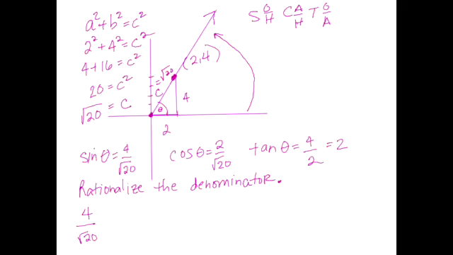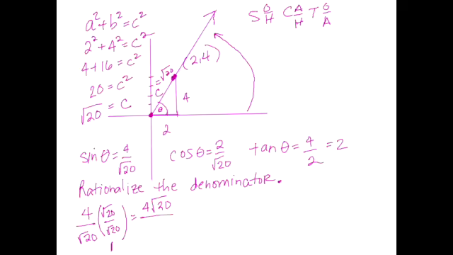So I'm going to start out with my original fraction, and I'm going to multiply by 1 in the form of the square root of 20 over the square root of 20. Then when I multiply across, I get 4 times the square root of 20 over just simply 20.